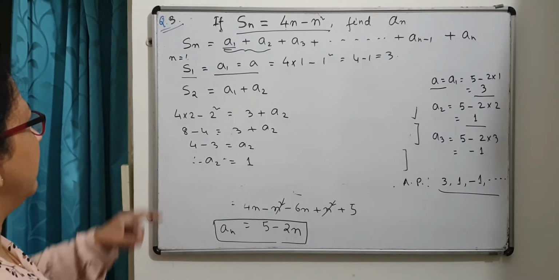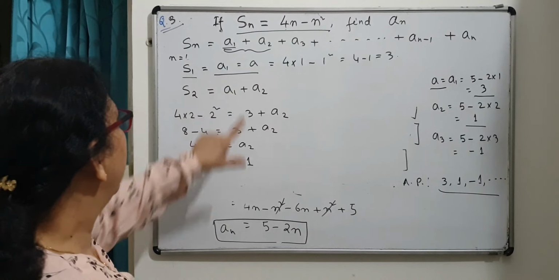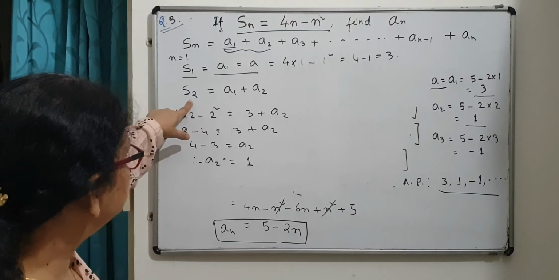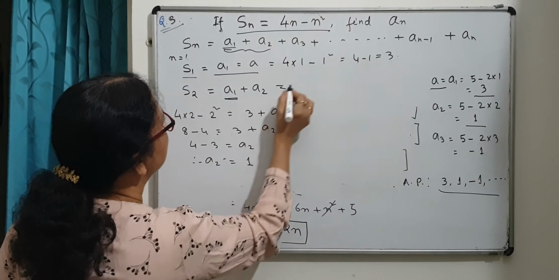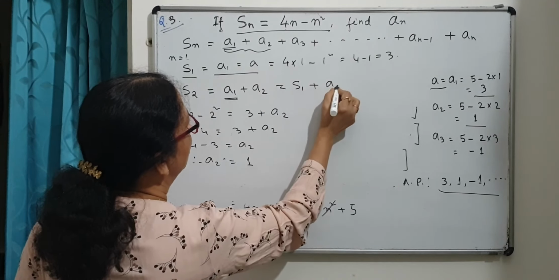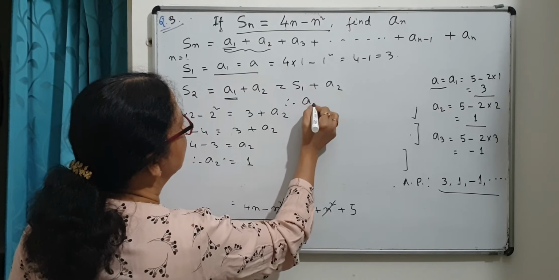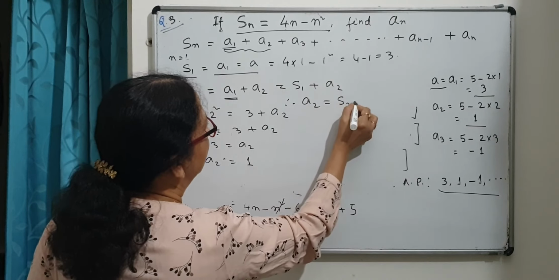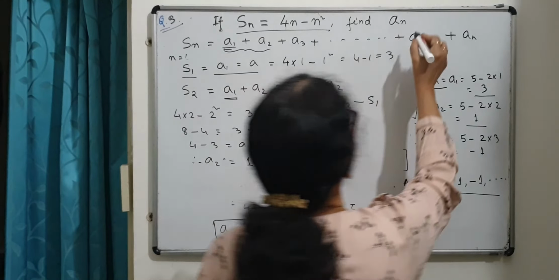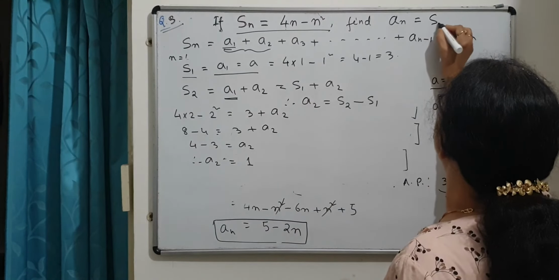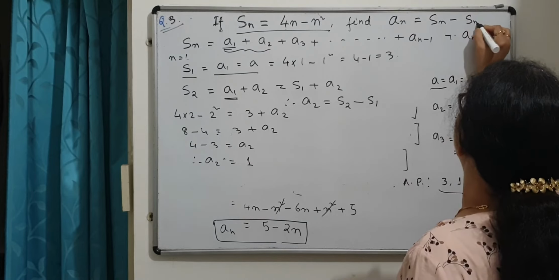So when I found S1 is your A1, and S2, I can write in this way, this is your S1, so S1 plus A2. So therefore A2 is equal to S2 minus S1. Actually what I have written is Sn minus S of n minus 1.